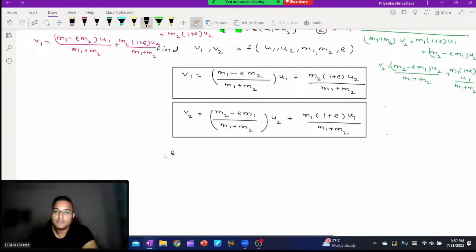This coefficient of restitution, the value lies between 0 and 1 always. E lies between 0 and 1. And they have given one more thing. When E is 0, it is known as completely inelastic collision.